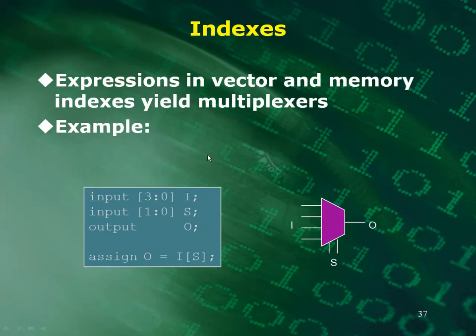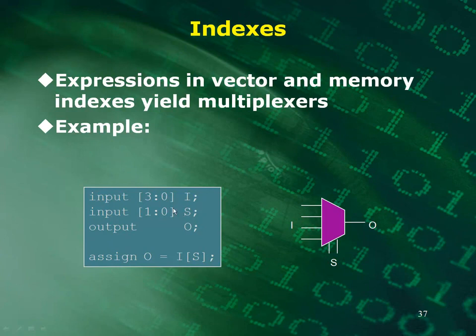Now if you use expressions in vector and memory indexes, it's going to yield multiplexers. So here I have, let's say, a 4-bit input called i, and a 2-bit input called s for select, and an output called o. And I say assign o equals i of s. And you can do this.